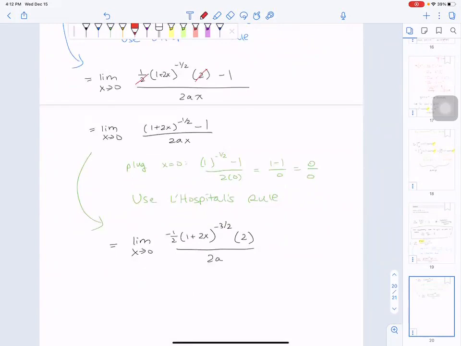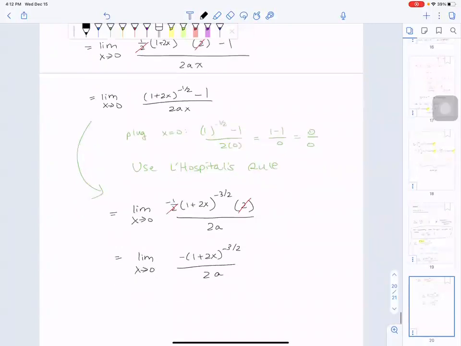Now let me simplify things. Crossing out the 2's, we're left with the limit of -1 times 1 plus 2x to the -3/2 over 2a, because this is 1/2 times 2, so it becomes -1.